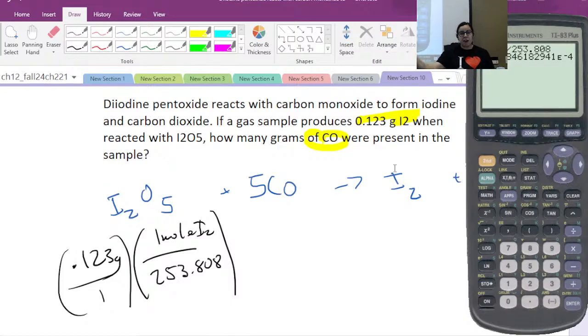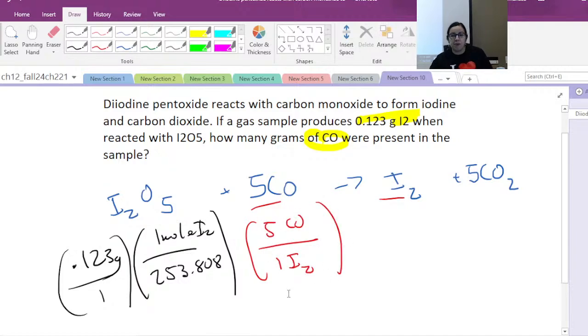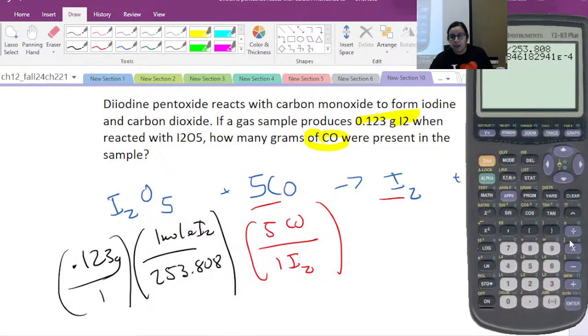Yeah, multiply by 5, but how you got there, right? So going to our balanced equation, 1 to 5 ratio. And I'll write it out explicitly. So yes, multiply by 5. So times 5. So now we're at moles of CO, and I see that in the chat as well.